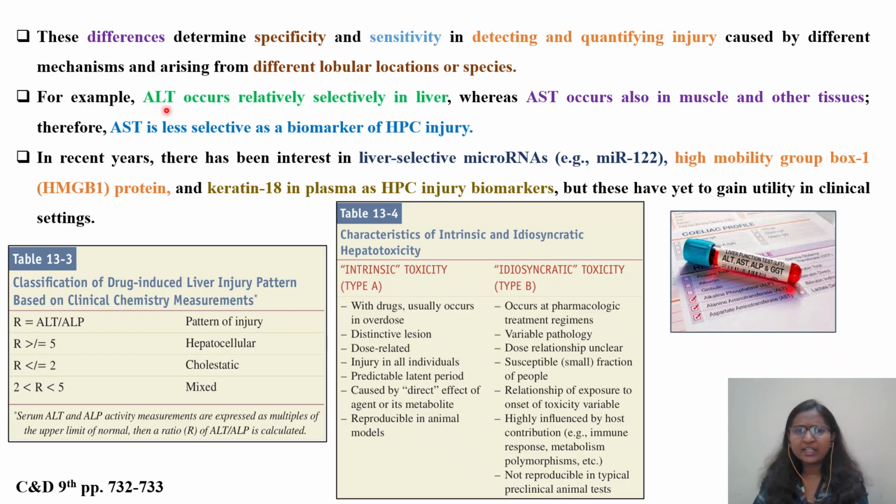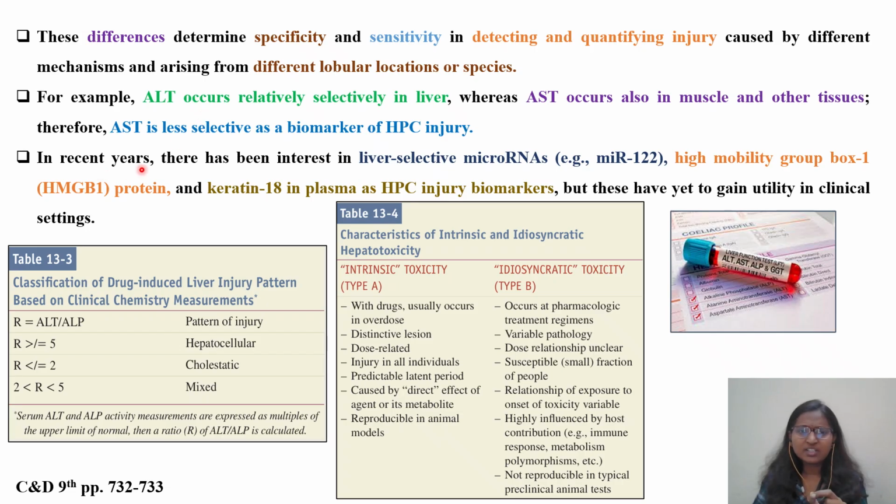For example, ALT occurs relatively selectively in the liver, whereas AST also occurs in muscle and other tissues. That's why AST is less selective as a biomarker of hepatic parenchymal cell injury. ALT is much more selective for the liver.